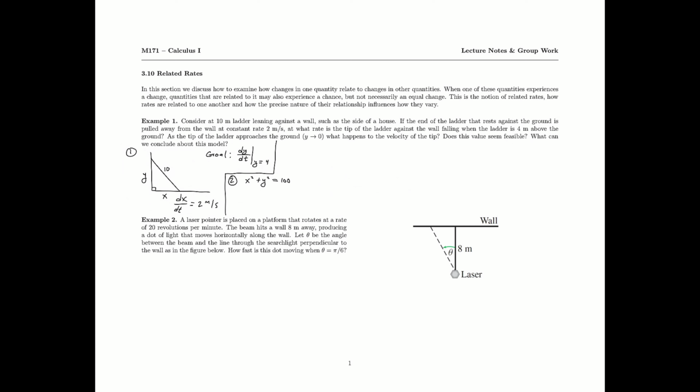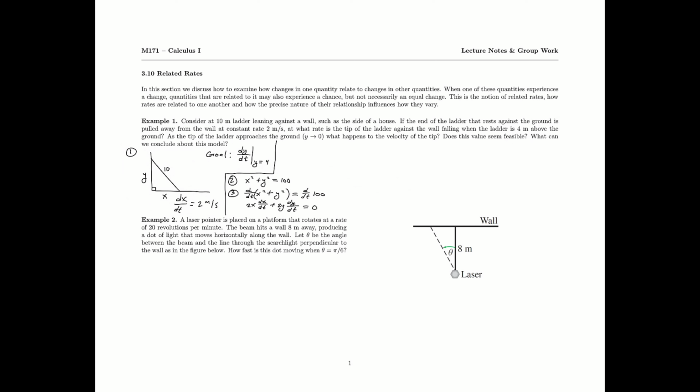So here, once we have our relationship, we want to go ahead and differentiate. So we'll differentiate with respect to time. And simplify. So this will be 2x dx/dt plus 2y dy/dt equals, well, this is a constant, so 0.